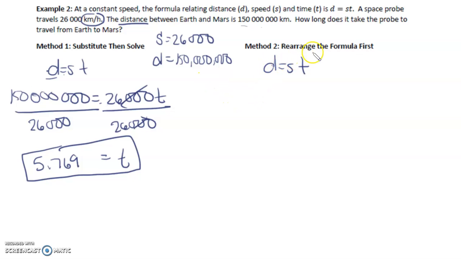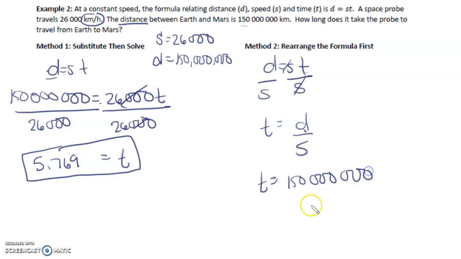Okay, the second method is to rearrange the formula first and then sub in. So we know that we're trying to solve for t. So in order to get the t alone, we're going to have to divide both sides by s. Okay, so I get t equals d over s, which is simply distance, which is 150 million, over s, which is the speed, 26,000.